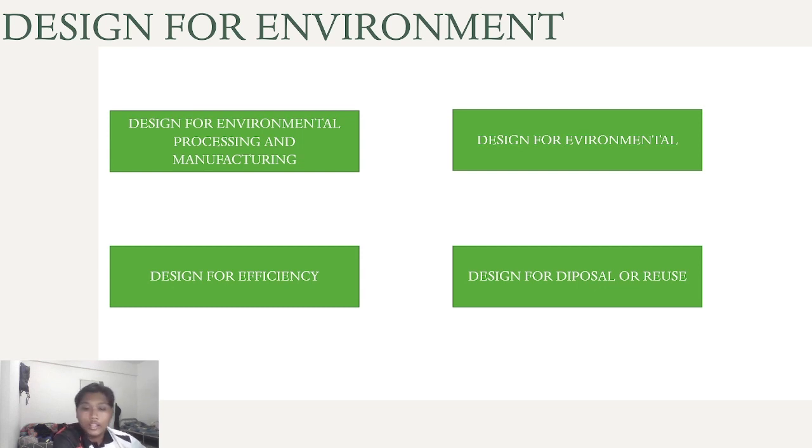Next is design for environmental packaging. This ensures that the material used in packaging is environmentally friendly, which can be achieved through the reuse of shipping products, elimination of unnecessary paper and packaging, and efficient use of material and space.